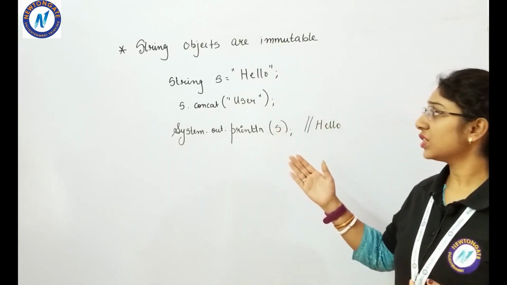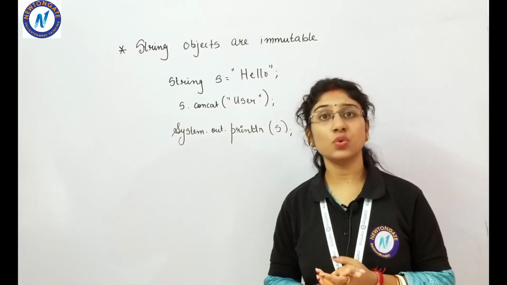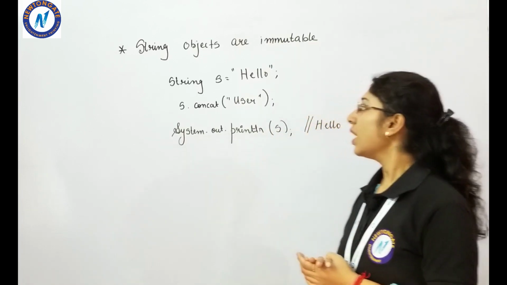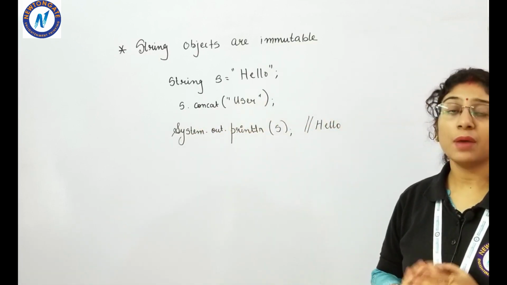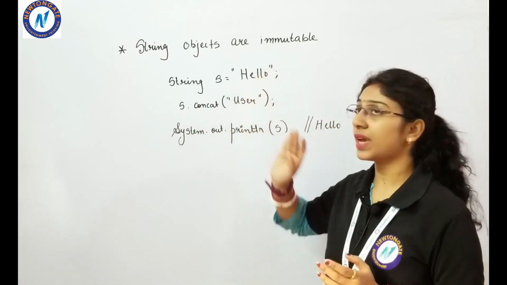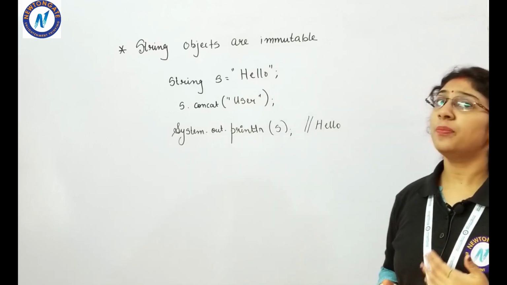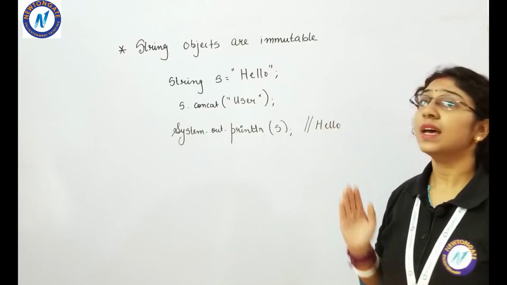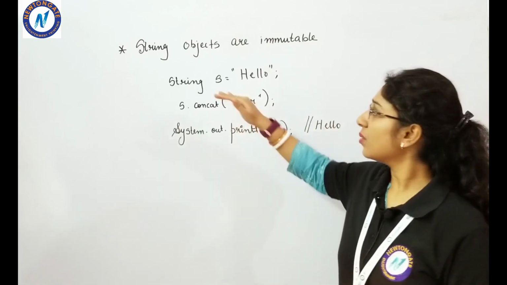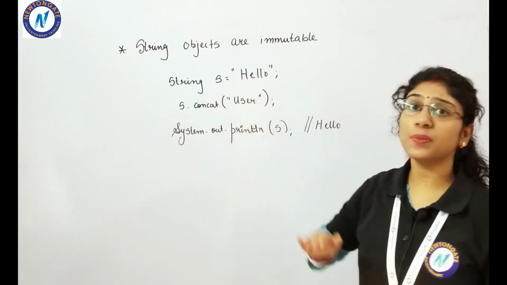Now concat function is used for merging two strings together. So I am concatenating s dot concat user. I am joining both of the strings together. But when I print the output, it will print only hello.